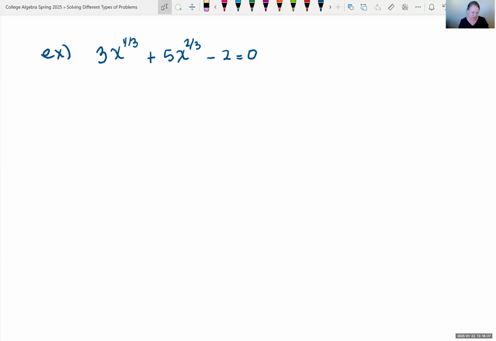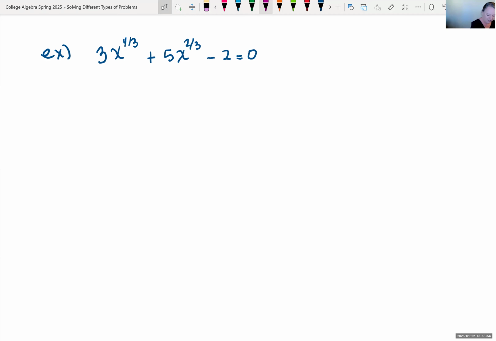Okay, so the next question in front of us is 3x, the x is raised to the 4/3 power, plus 5x, that x is raised to the 2/3 power, minus 2 equals 0. So again, our goal is to manipulate this to look like a quadratic. Remember, power to power, we multiply.